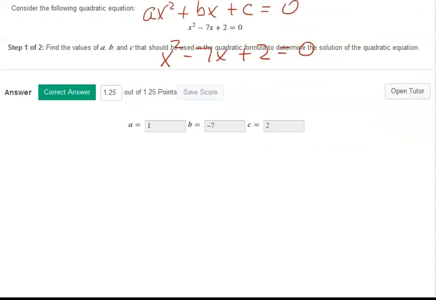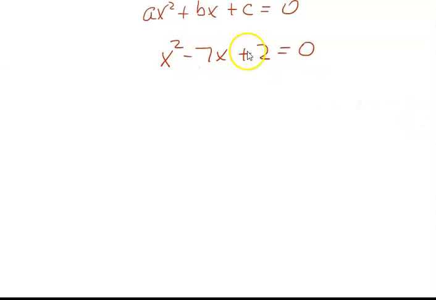In this example, we're asked to look at this quadratic equation and then identify our A, B, and C terms. So A, B, and C, and our A term is going to be a 1.